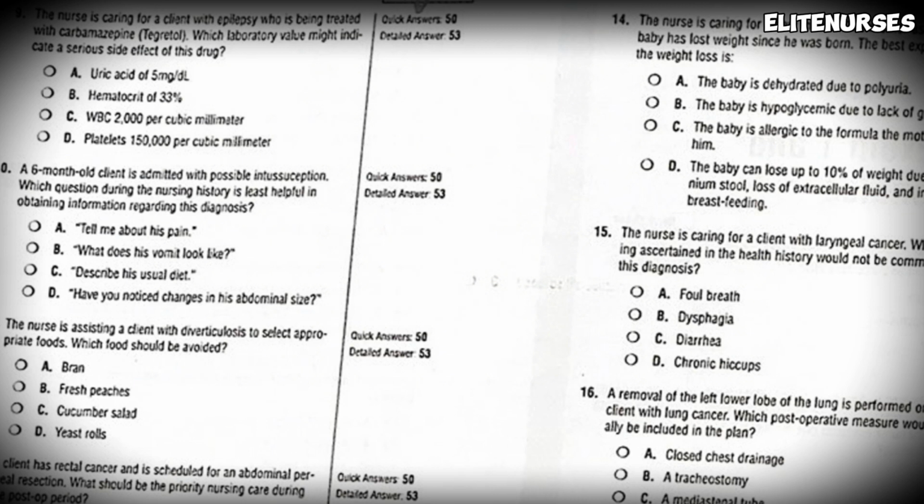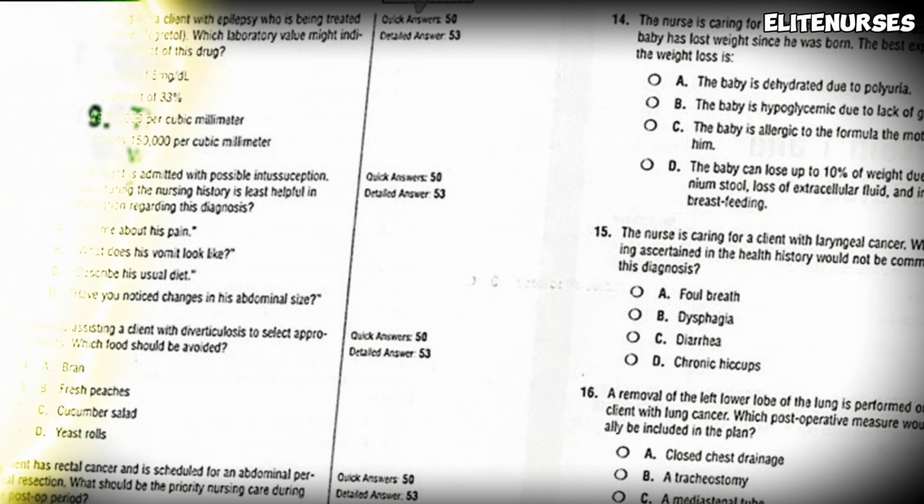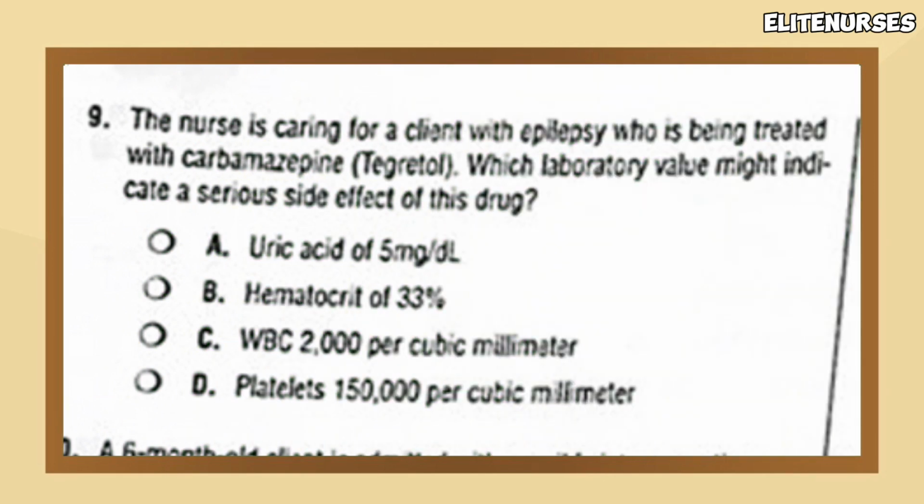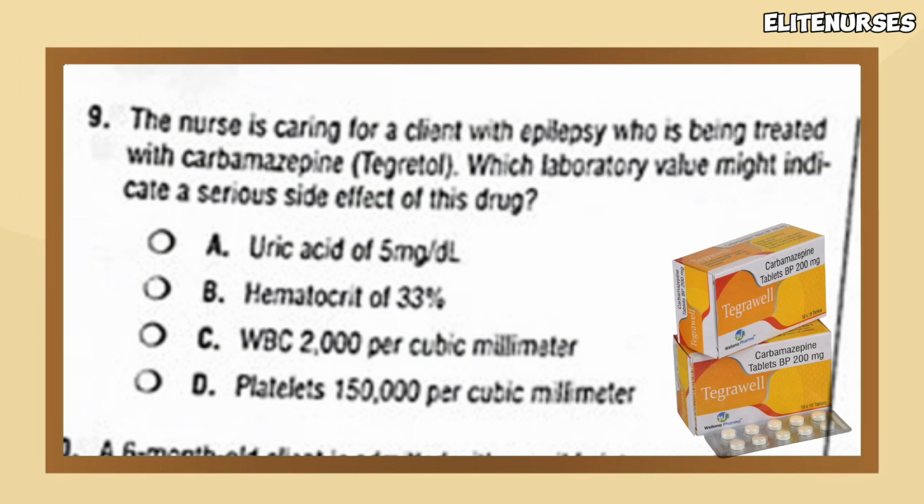So picking up where we left off in the last video, let's move to question 9. The nurse is caring for a client with epilepsy who is being treated with carbamazepine, that's Tegretol. Which laboratory value might indicate a serious side effect of this drug?